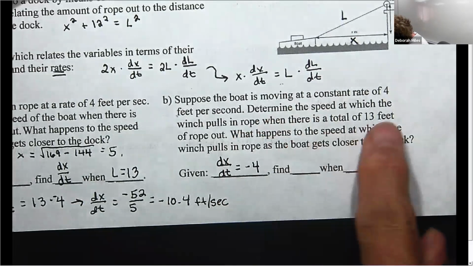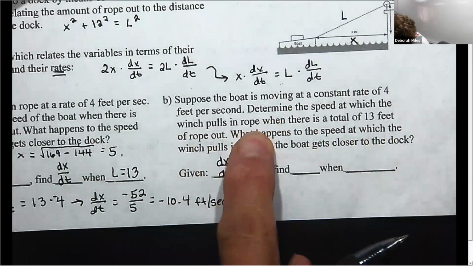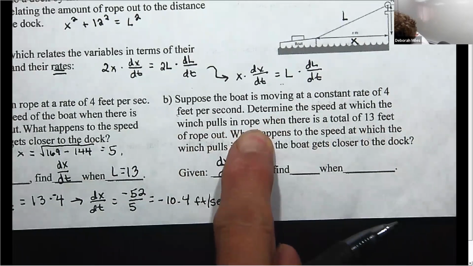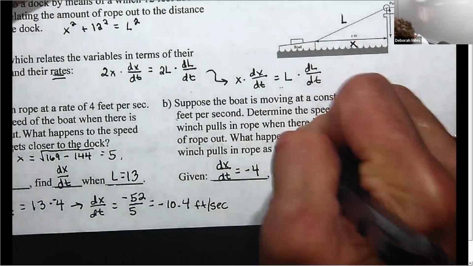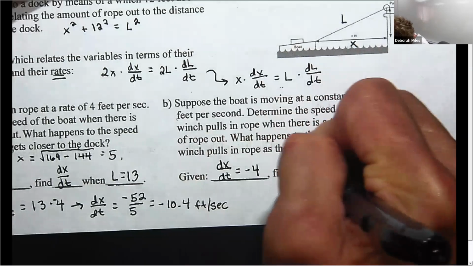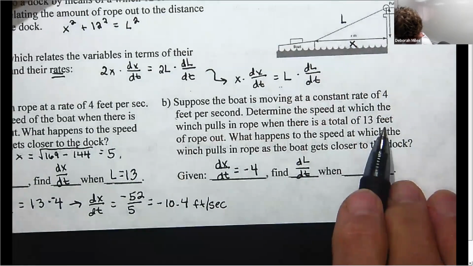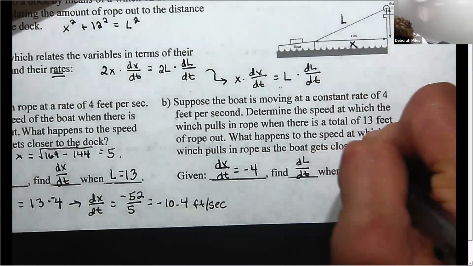Determine the speed at which the winch pulls in rope. What is that? That's the rate at which the rope's getting shorter. So dL over dt. And what are we given? When there's a total of 13 feet of rope out, what is that? When L equals 13.